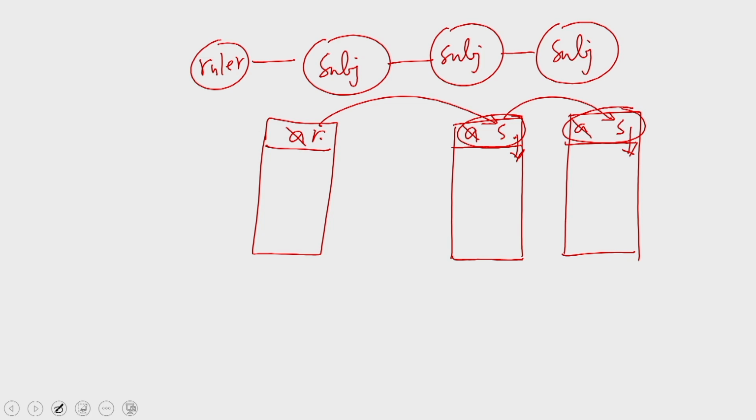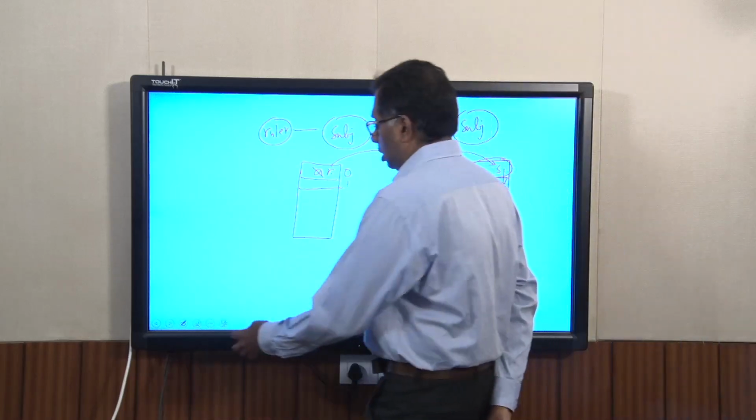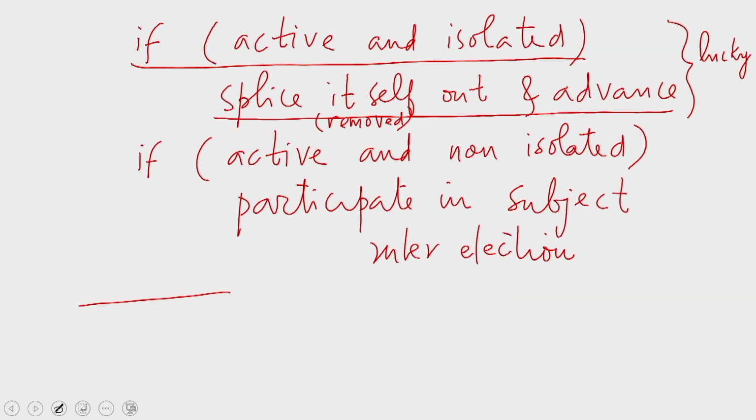So, in this case the processor will advance to the second row, here also the processor will advance to the second row, which means row number 1, whereas the processor that is sitting on the ruler will be still stuck with row number 0. So, the rulers are stuck, whereas the subject processors get to move forward, leaving the subjects behind in charge of the rulers. So, that is what we did in the last part of the algorithm specification.